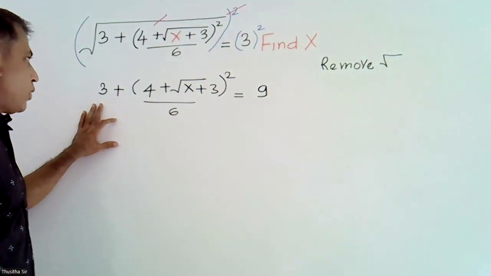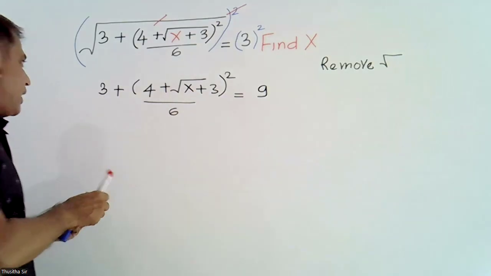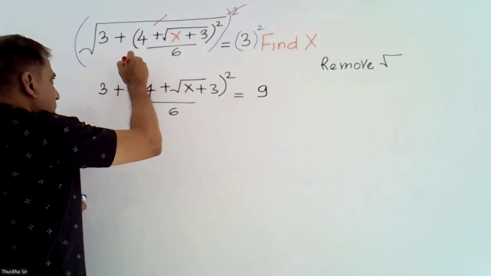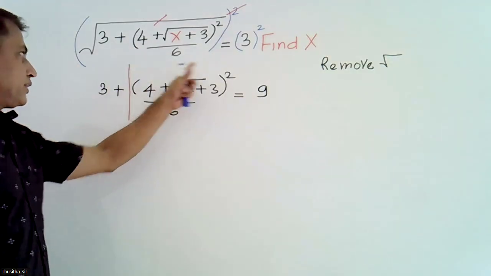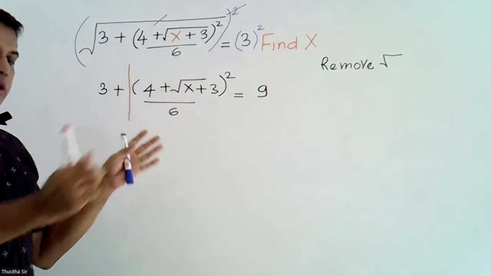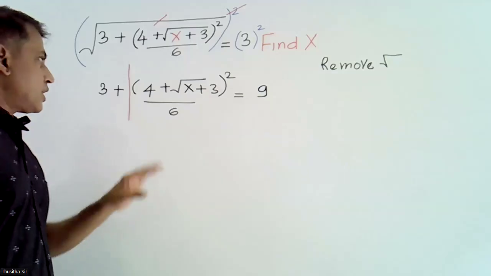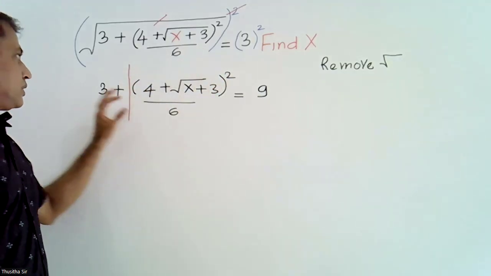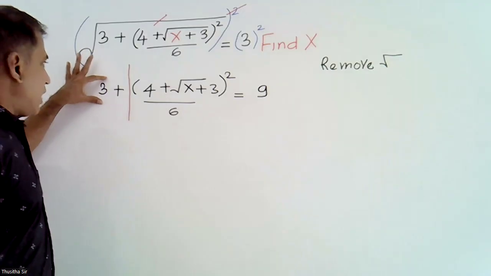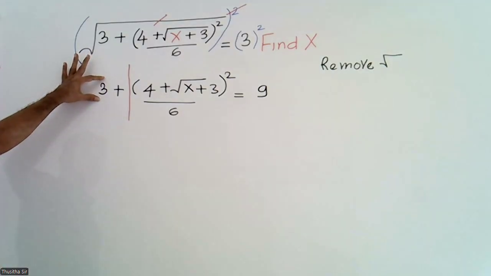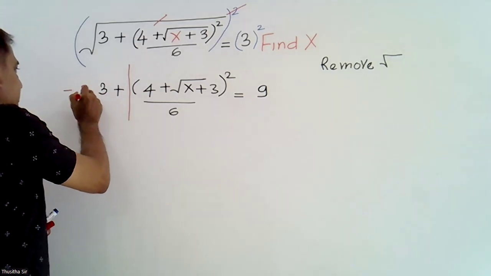So next thing, if you look at this one, we can divide this part into 2, right? So this is one number. It's all linked with each other with brackets and divisions and squared things. So I keep this as one number, and this as another number, right? Now I want to remove this one from this side. I can do it easily. I add -3, right?